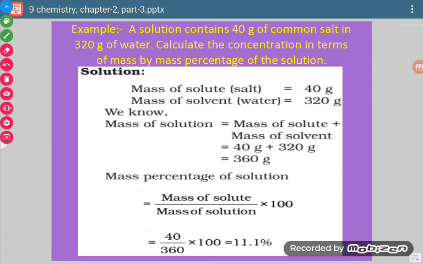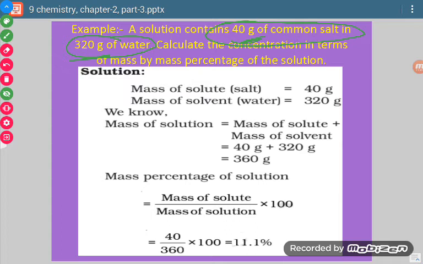Now let us understand this with the help of one example. The question is, a solution contains 40 gram of common salt in 320 gram of water. So mass of salt or mass of solute is 40 gram. Mass of solvent is 320 gram. Calculate the concentration in terms of mass by mass percentage.